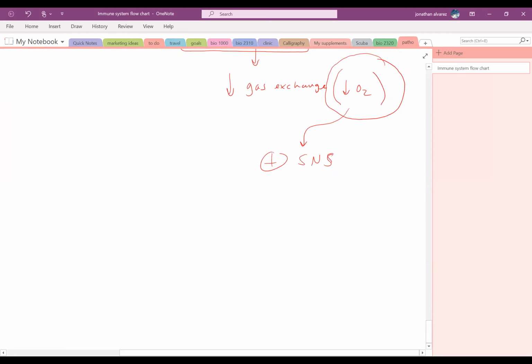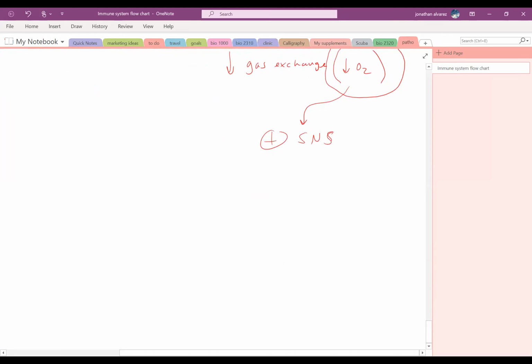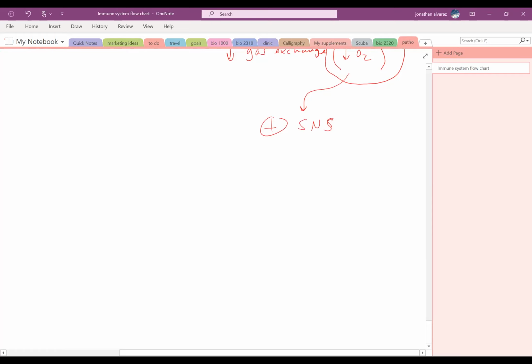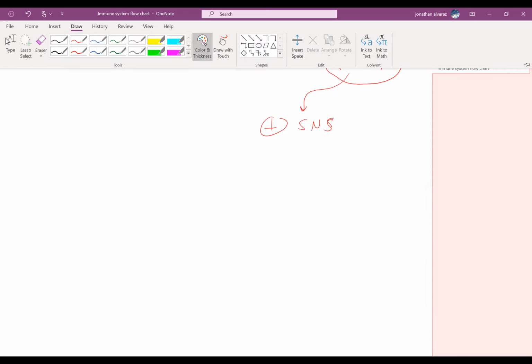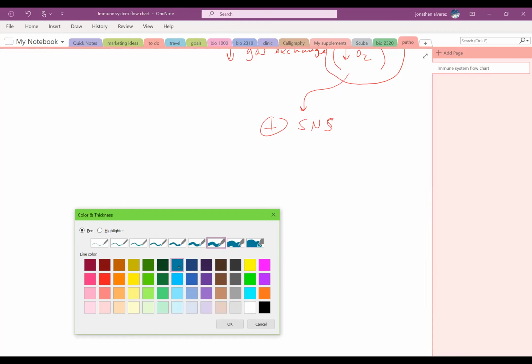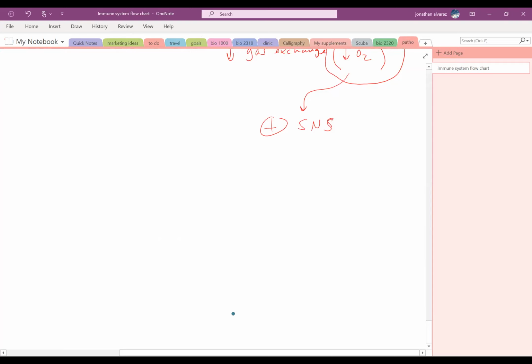And with respect to shock, you get the usual suspects, right? So that is going to include activation of the sympathetics.